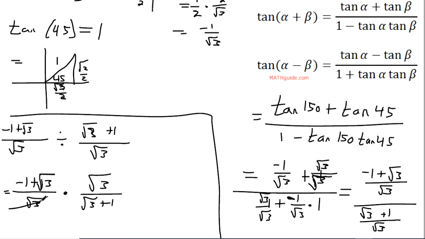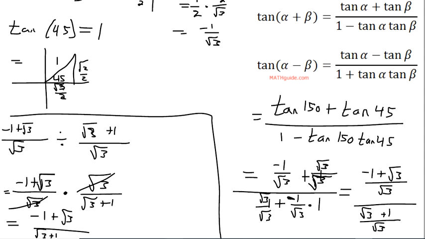And now these cross cancel. And that leaves us with negative 1 plus the square root of 3, because it's times 1 over here, over the square root of 3 plus 1. And I think that's as simple as we can go.